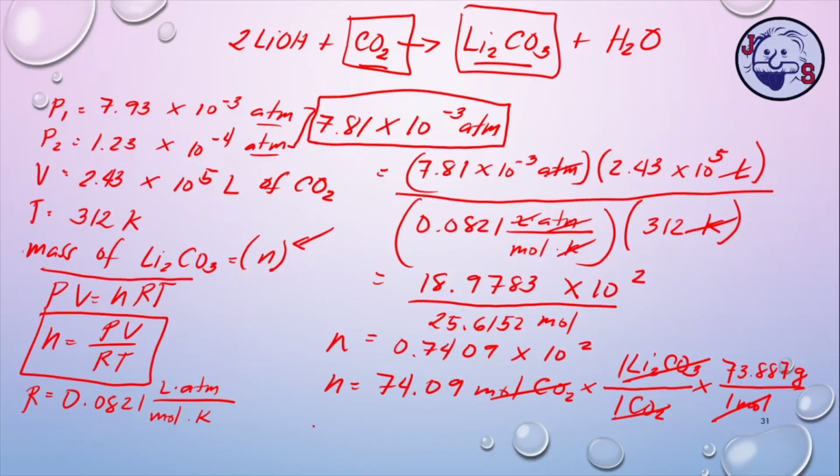We are now done with the whole process, and what will be the mass that we are looking for? So 74.09 times, since that is 1, 73.887.